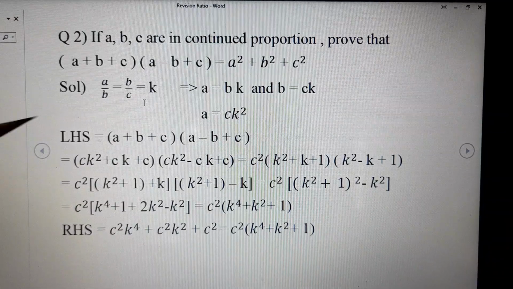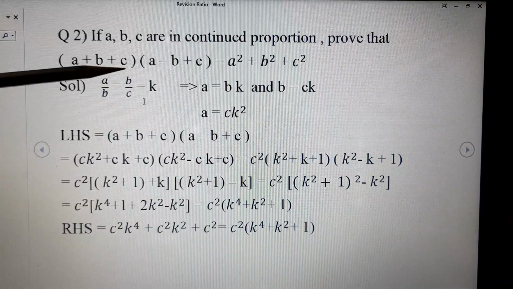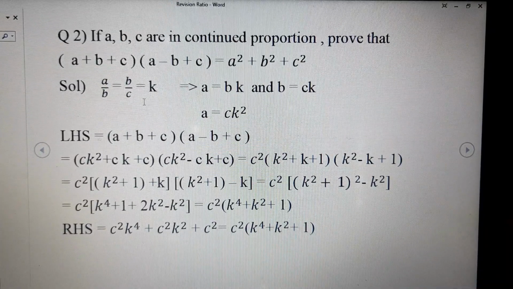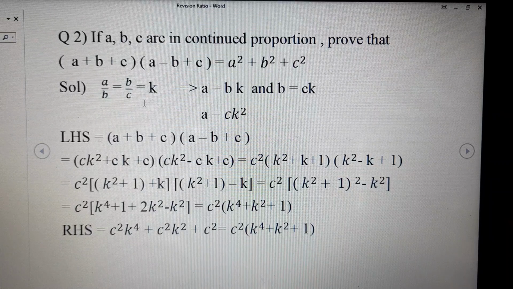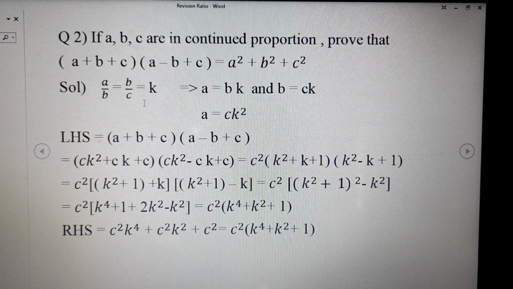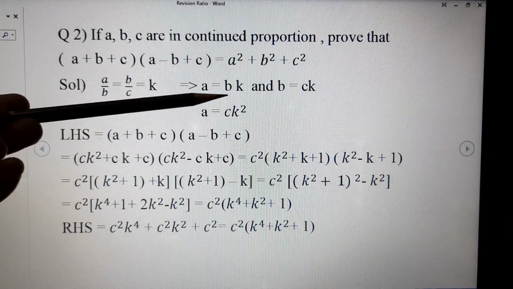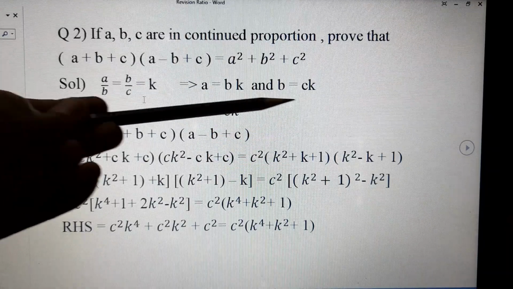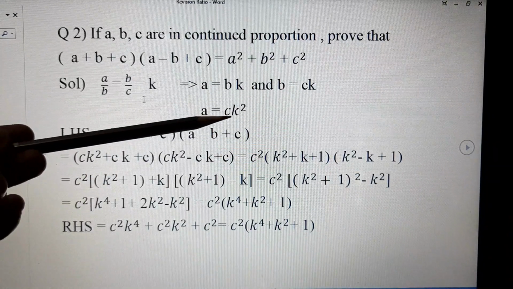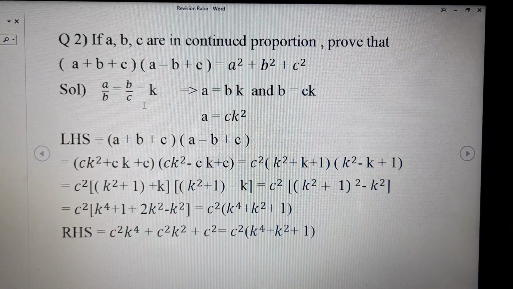If it is k, it means individually a upon b is equal to k, and b upon c is equal to k. If a upon b is equal to k, then a will be written as bk, and if b upon c is equal to k, then b will be equal to ck. If we replace b here, a is equal to bk and the value of b is ck, so a becomes ck square.